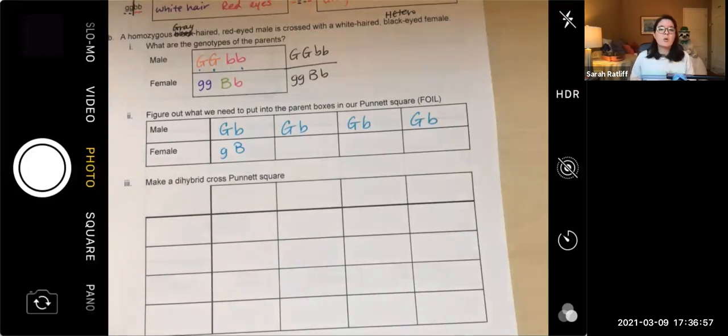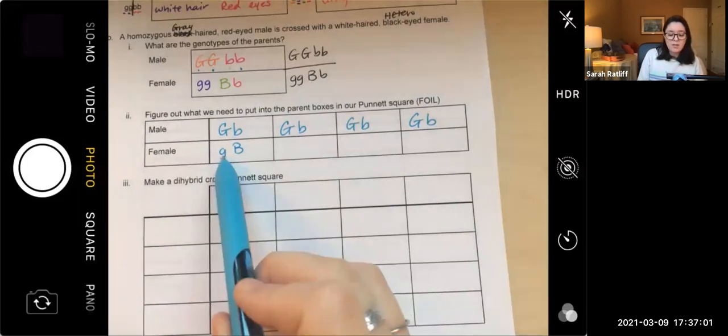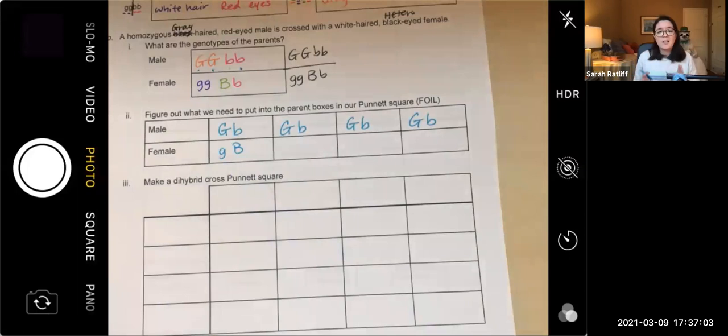So since the G's are always coming first, this little g is going to come in front of the capital B. I know it feels weird, looks kind of crazy, but that's just the best way to keep track of all of your alleles.